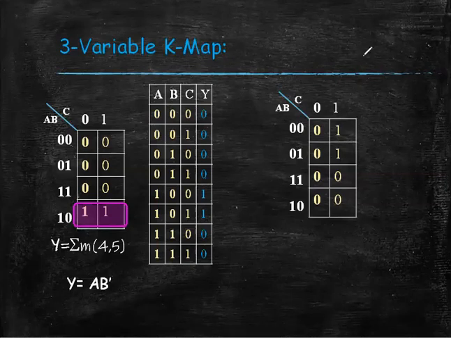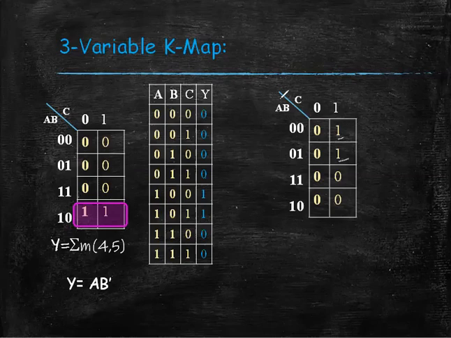Okay, just check here in the Karnaugh map. Here it is high and here also 1. This position is for what?